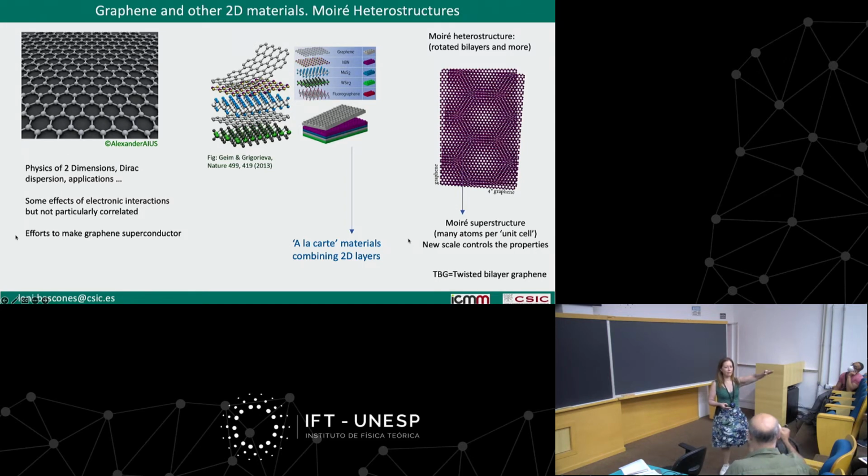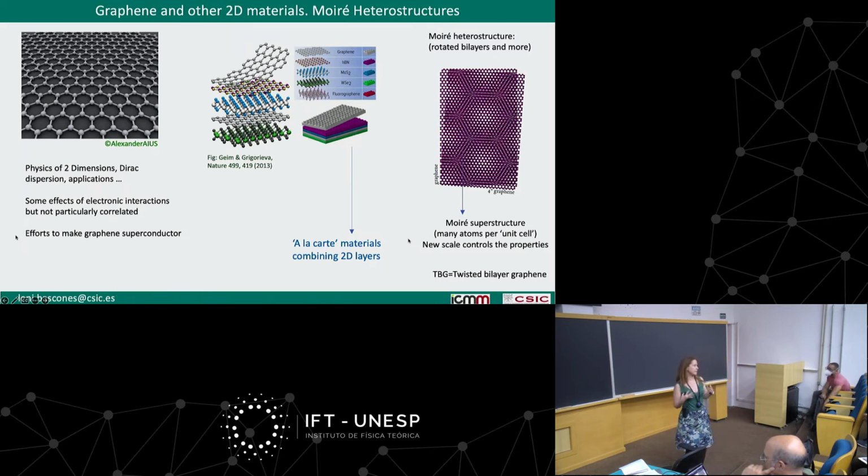This is a layer of carbon atoms, a honeycomb lattice, okay? This has been a material really key to study the physics of two dimensions, to study what happens when we have a Dirac dispersion, a linear dispersion in the bands, and it has many applications. In this system, there are some effects of the electronic correlations, but by itself, graphene is not what we would call a strongly correlated material.